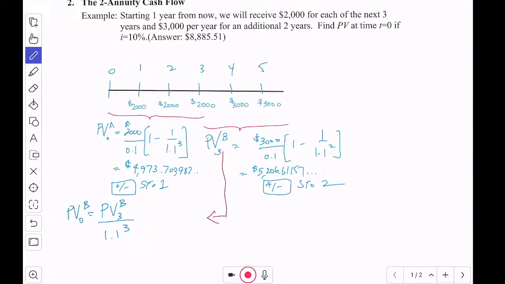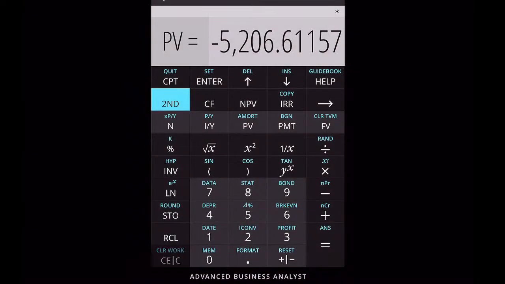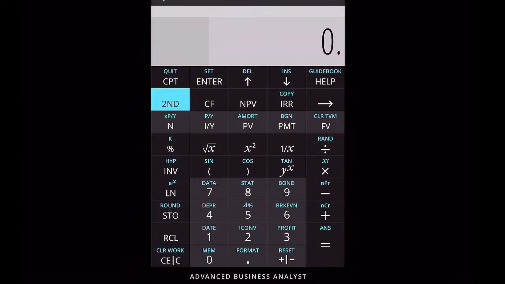So let's do that. So what I want to do is for 3 periods, I want at 10%, with no payments, recall number, oh, it's not in here? Oh, I never put it. Did I not do it? I have recall 1, but not recall 2. Okay, I got to do that whole sum first.